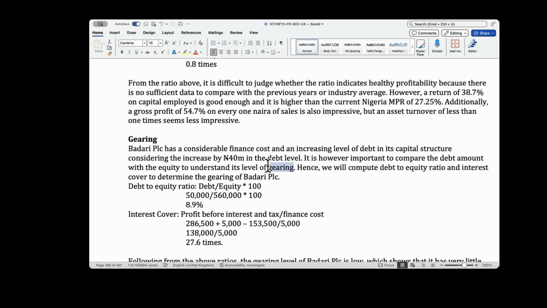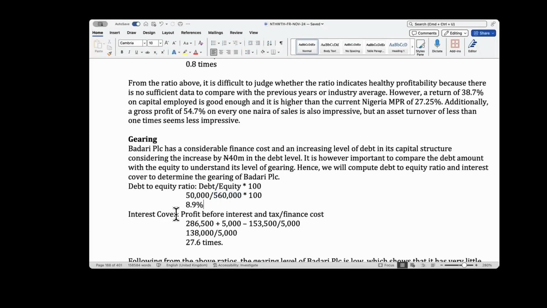That's what I'm telling the examiner. Hence, we will compute the debt to equity ratio and interest cover to determine the gearing of Badari. Debt to equity ratio is debt over equity. The debt is that loan note of 50,000, the equity is 560. I got 8.9%.